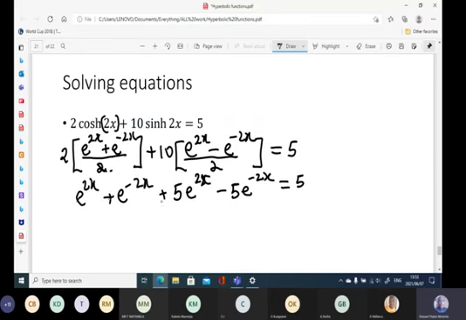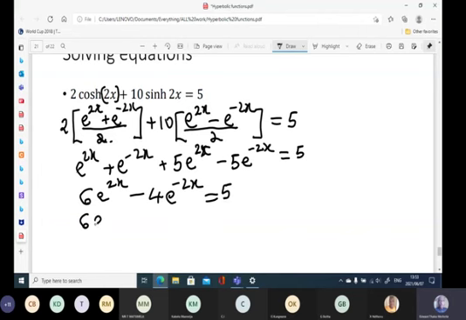Now this one is 6 e to the power 2x, and these two are friends, so it gives me minus 4 e to the power minus 2x equivalent to 5. Now we can write this over e to the power 2x equivalent to 5.